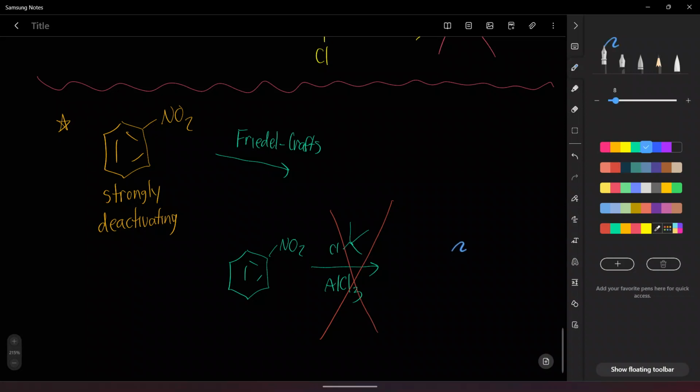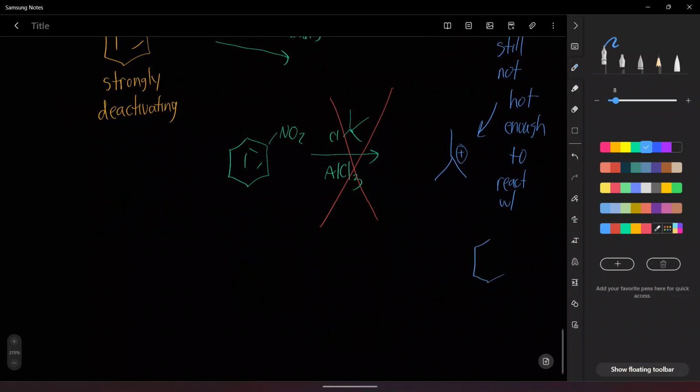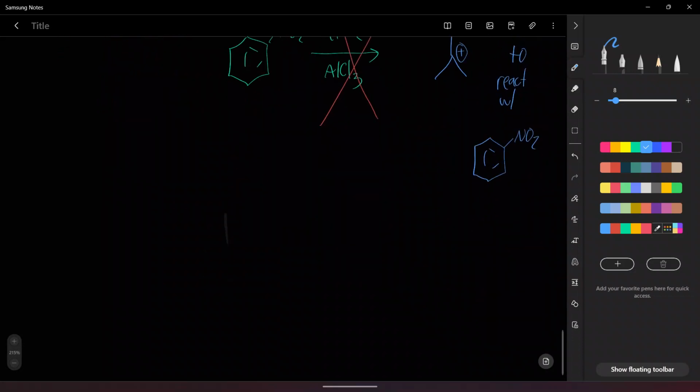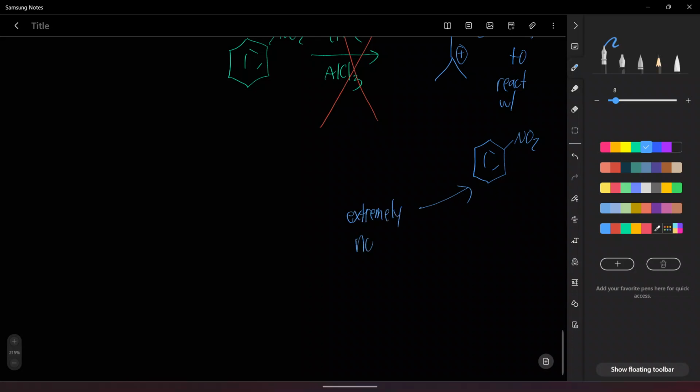carbocations are decently hot, but even this electrophile is still not hot enough to react with this, because this molecule is extremely non-reactive.